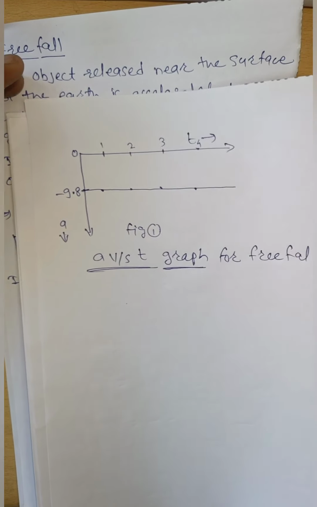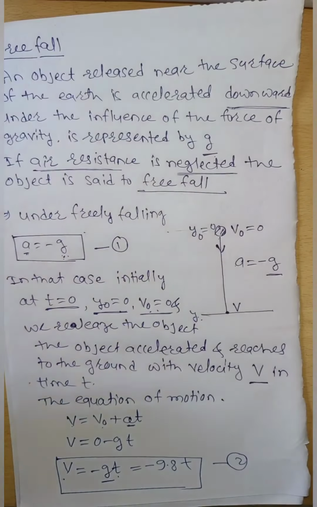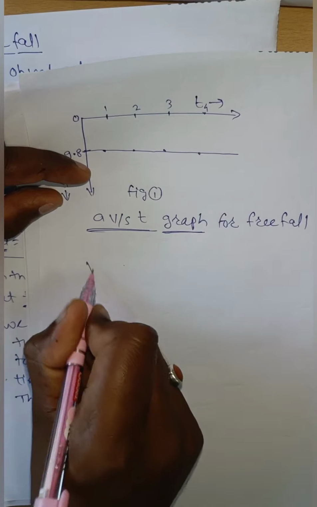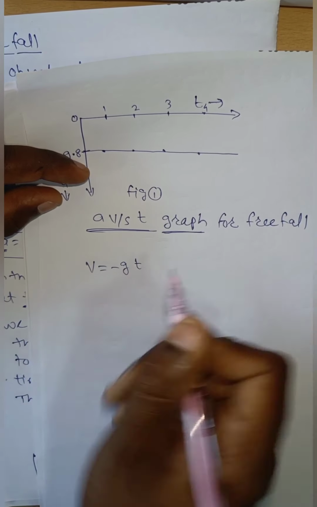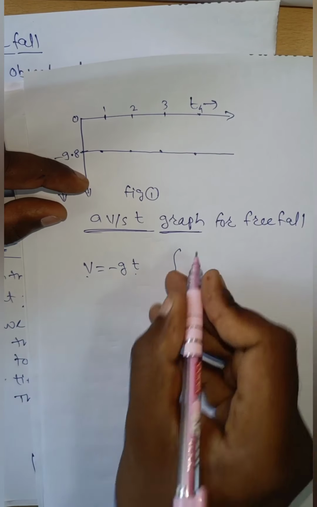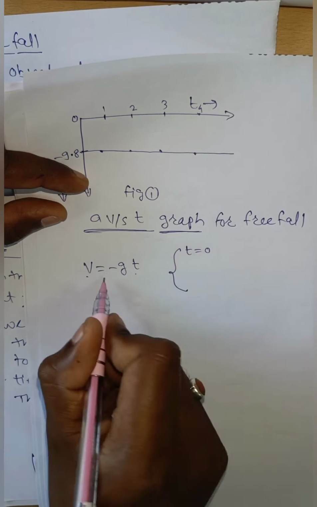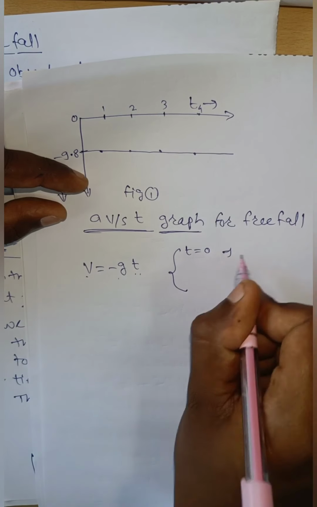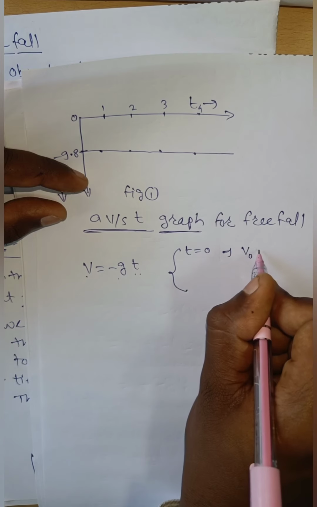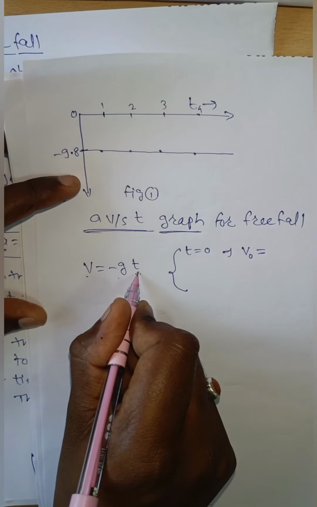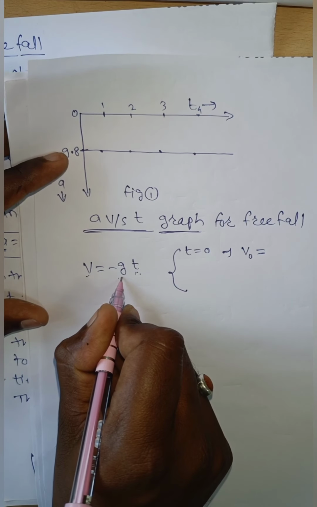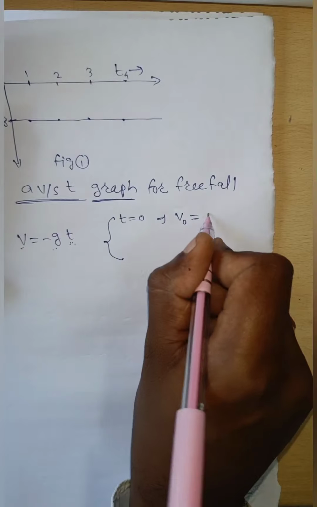Next we have to draw the velocity versus time graph. You know that v is equal to minus gt. Suppose the time t is equal to 0 seconds. When t is equal to 0, we put t equal to 0 and get velocity v0 is 0.